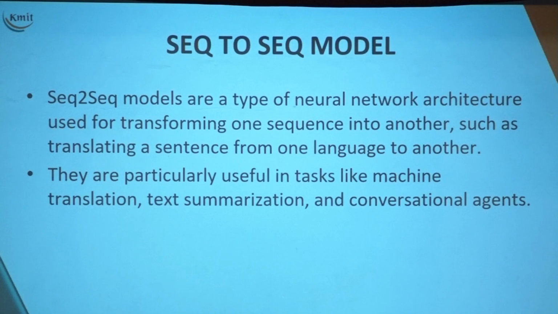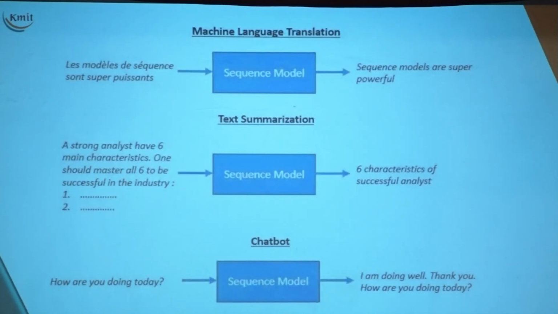Now they are particularly useful in tasks such as machine translation, text summarization, and conversational agents that we call chatbots or your ChatGPTs. The first one is machine language translation, where a sequence in one language is translated into a sequence of another language.